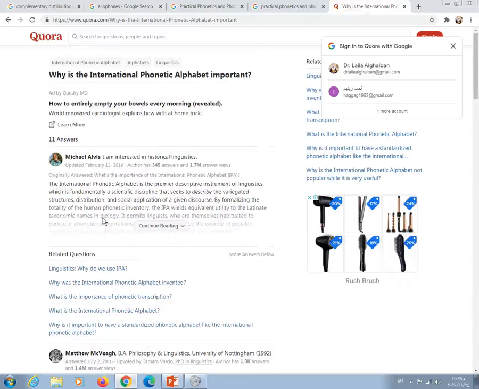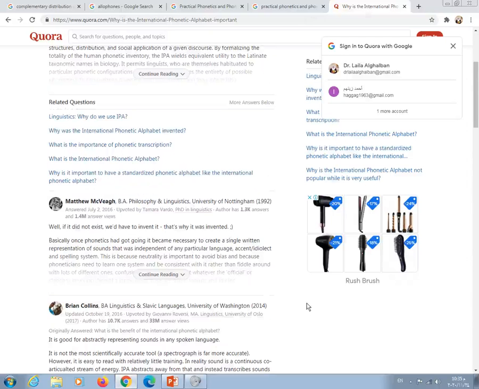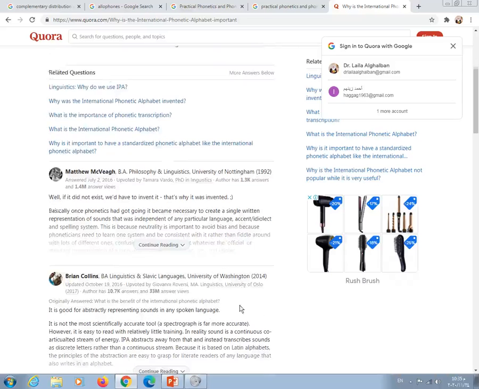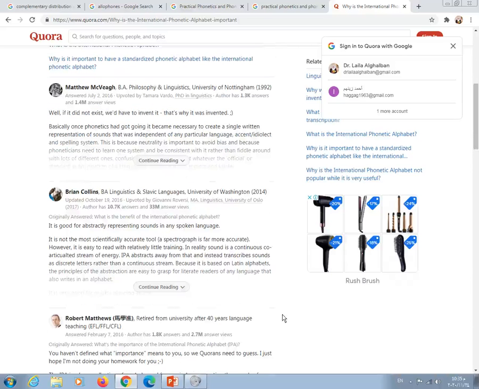First, the International Phonetic Alphabet is a system of symbols that represent all the sounds of human languages. That's why it's called international. It was instituted at the end of the 19th century, and it's being reviewed regularly by the International Phonetic Association, a group of phoneticians who are doing such wonderful work.